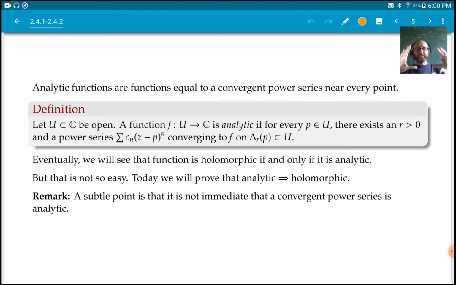But what I don't know is, if I look at a different point in that disk, whether I can expand it as a power series around there. This could be done just looking at power series, but it's going to be easier once we prove that a single power series defines a holomorphic function. Therefore, once we prove that holomorphic functions are analytic a little later on, we automatically get that a power series is analytic, even though it seems like that obviously should be true. But it takes some work.